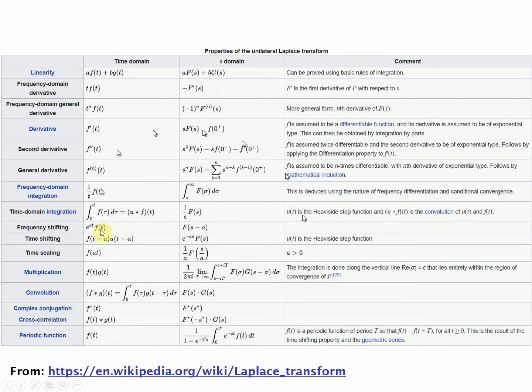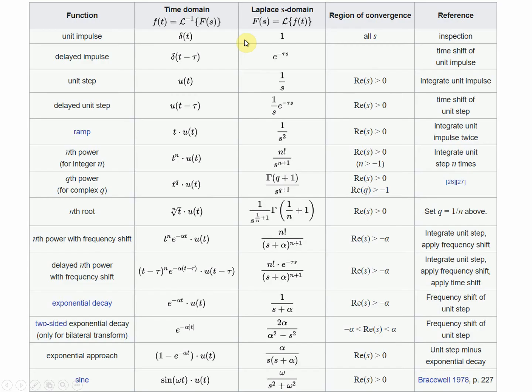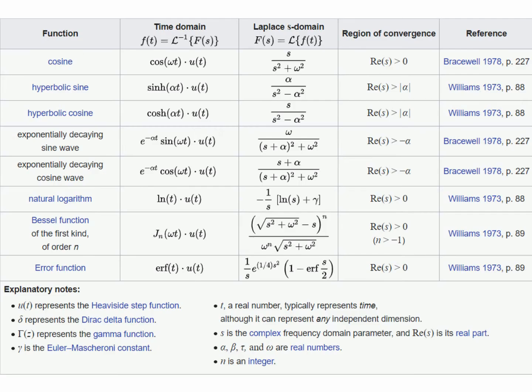Properties, not transformations, but ways to manipulate the transformations. Next. This is transformations, common transformations. So they're lookup tables.